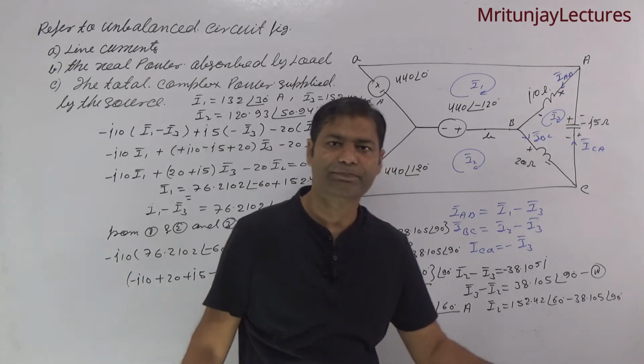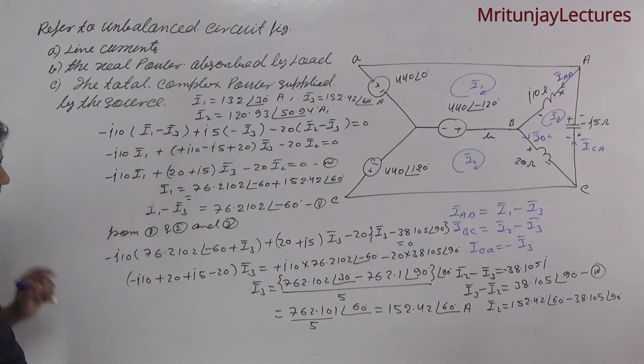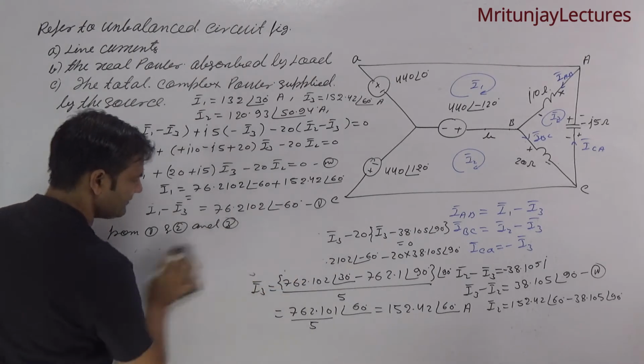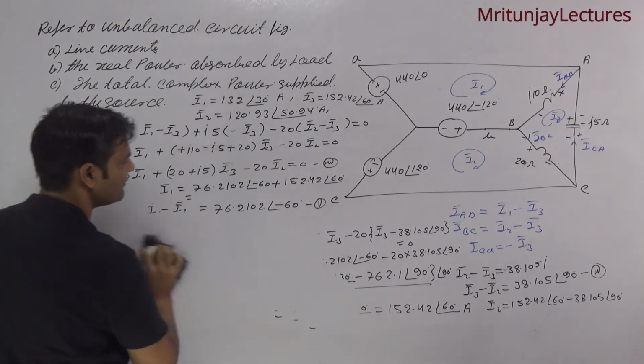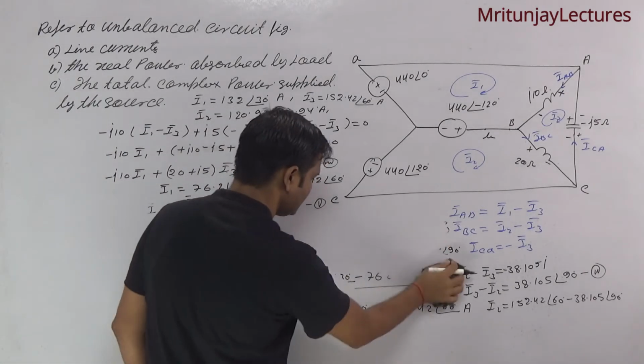Now our next target is I of AB, I of BC and I of CA. So first of all, determine I of AB, I of BC and I of CA.